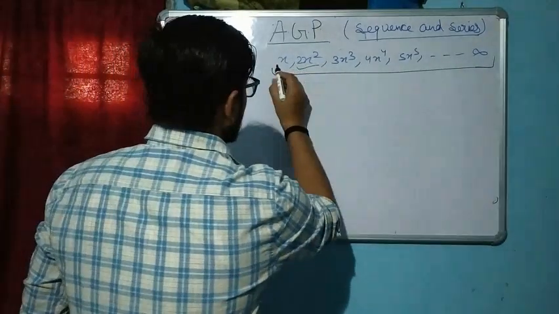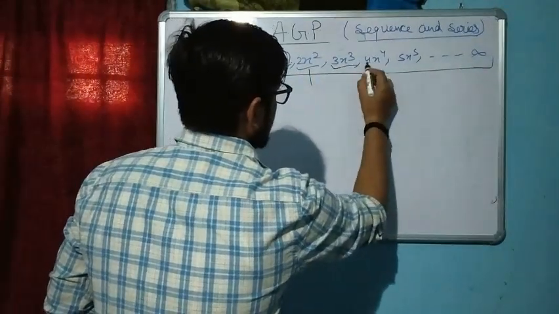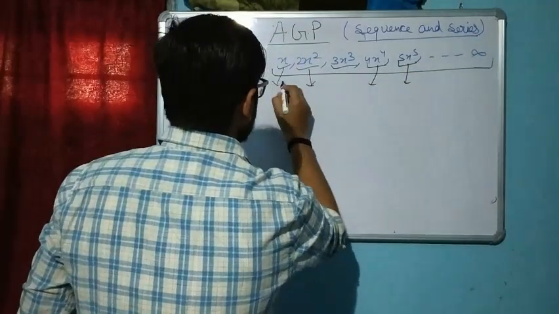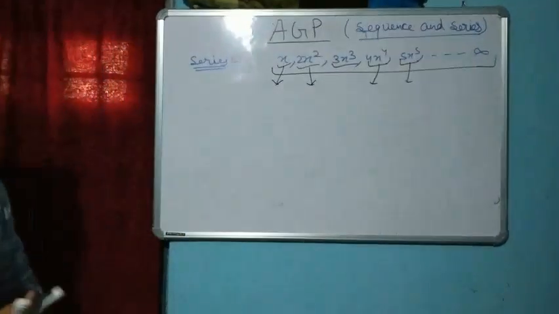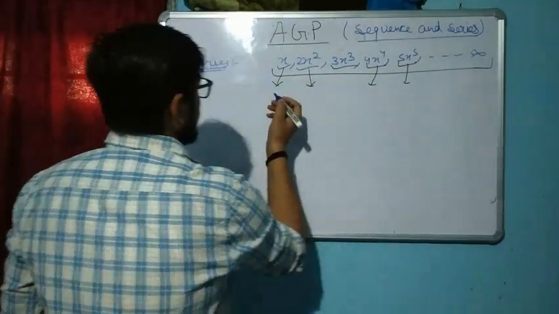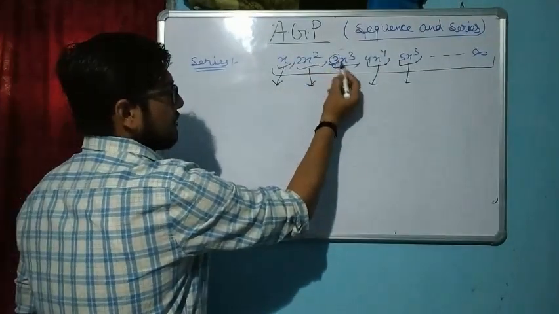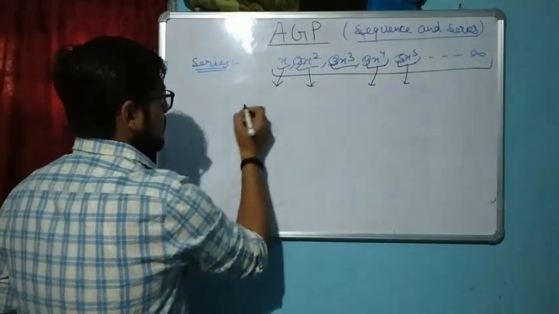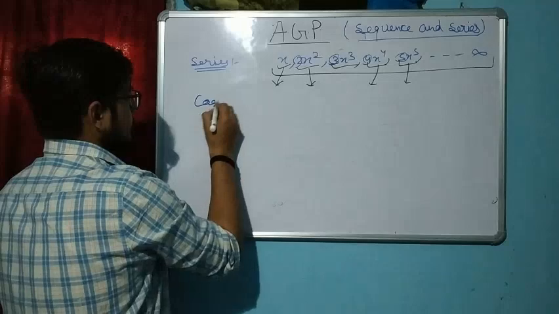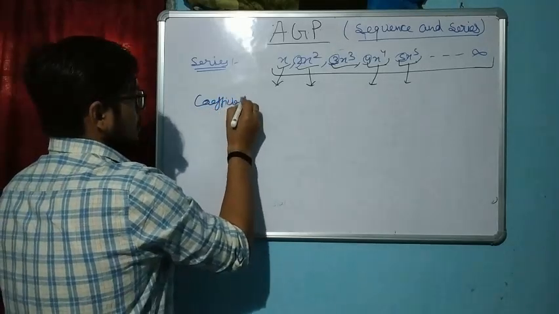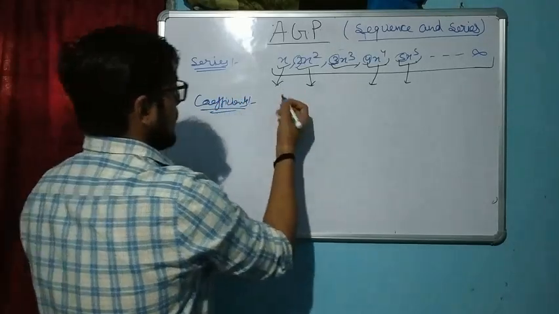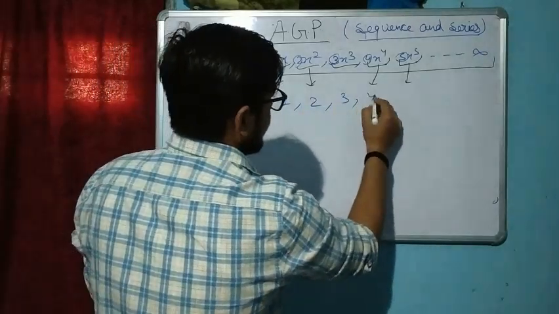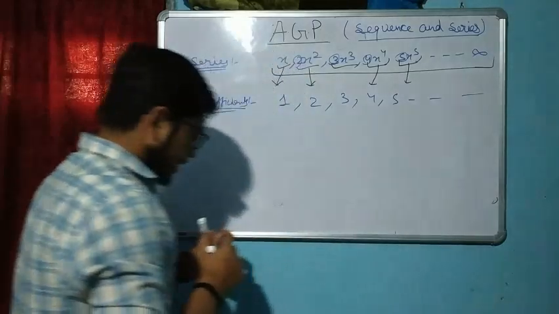So we need to split the terms. First step is we need to split these terms to understand what an AGP is. Every term has a constant value, which is the coefficient. So let us first find the coefficients. The coefficients of each term are 1, then 2, 3, 4, 5 and so on, it will continue.